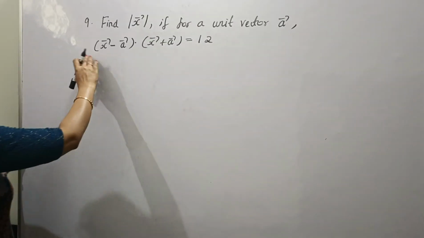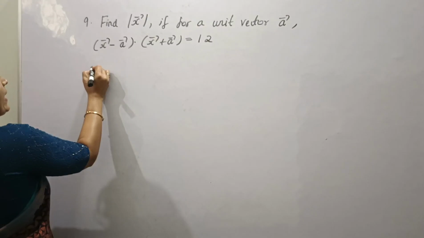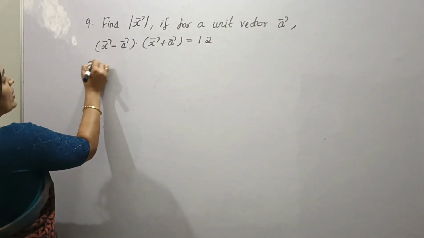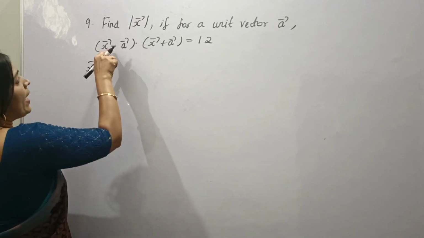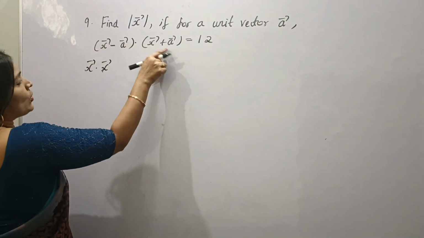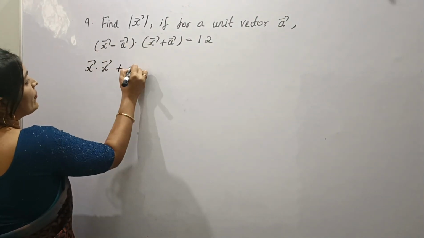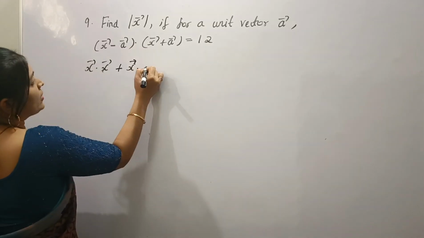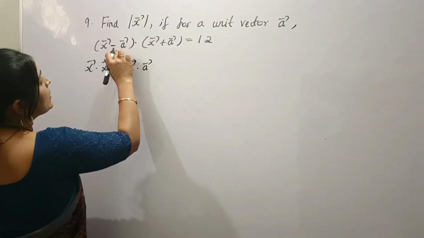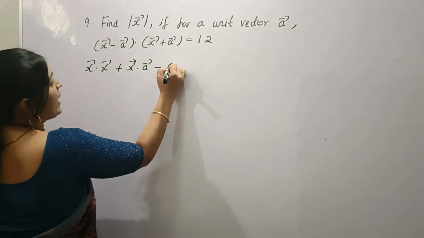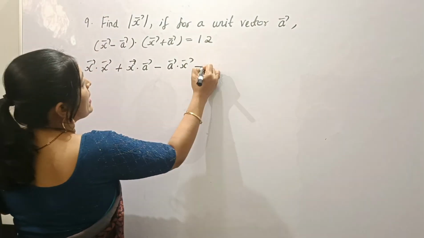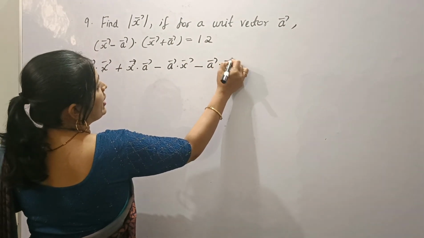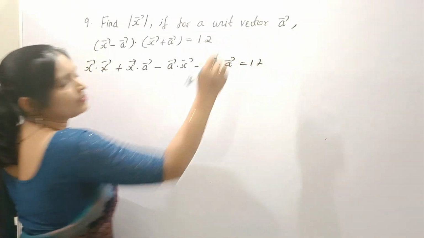First of all, let's expand this. Vector x dot vector x, and vector x dot vector A, plus vector x dot vector A, minus vector A dot vector x, minus vector A dot vector A, that is equal to 12.